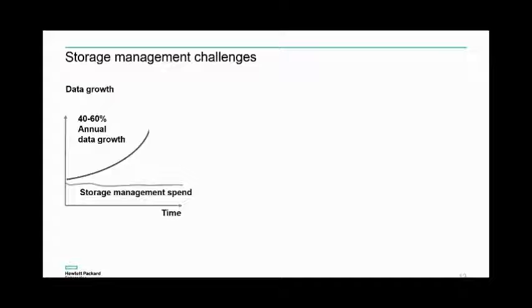Most of this growth comes from unstructured data, and the storage admin is also responsible for growing the OpEx spend of managing this data, but that spend is pretty flat, if not exactly flat. And in some cases, there's pressure for the storage manager to reduce that budget. So as you can see, there's that widening gap between the rate of the data growth and the expenditure of managing that data. So how do you bridge that gap?